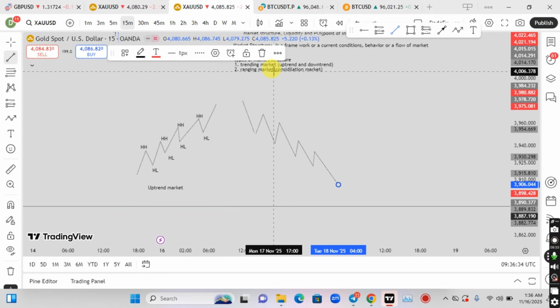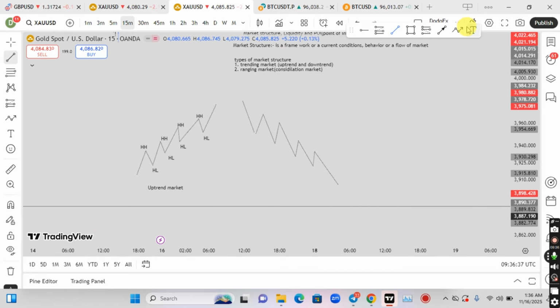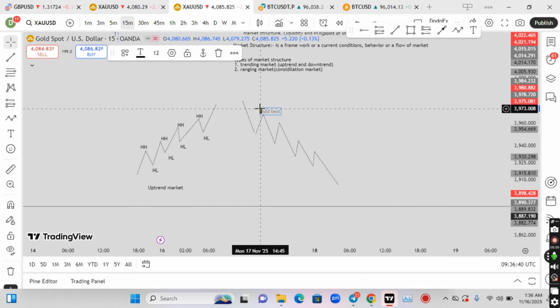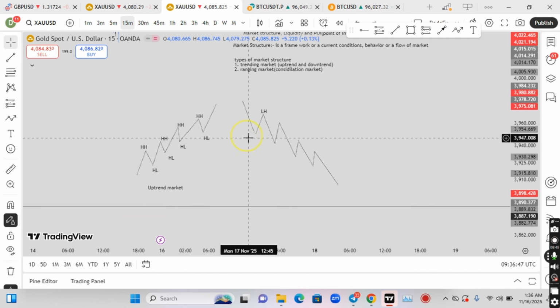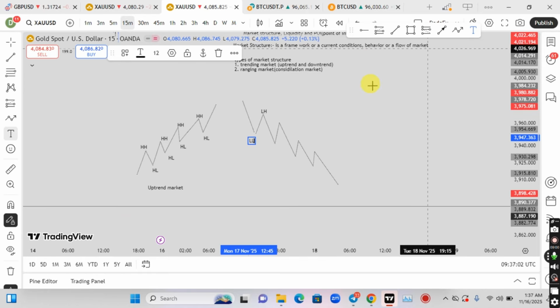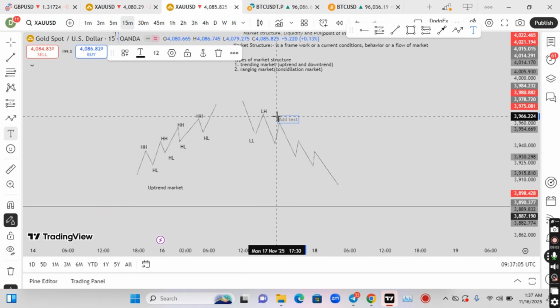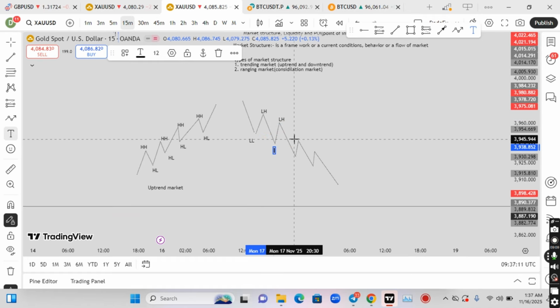When market is creating this form, let me label it: lower high, this zone here, lower low, then lower high, lower low, lower high, lower low.